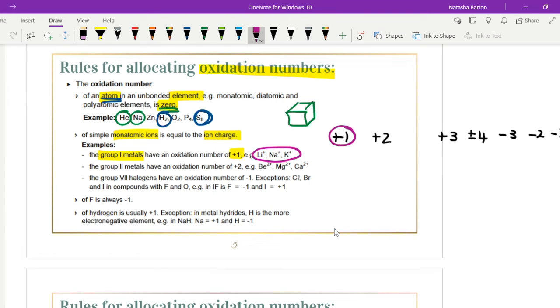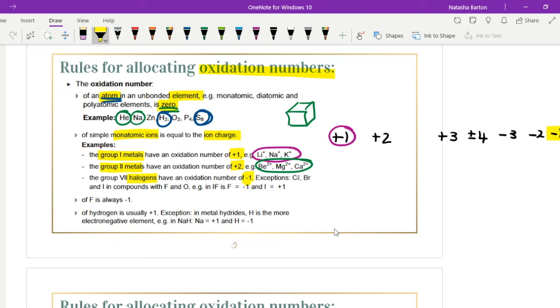So they have charges of +1, but we also give them an oxidation number of +1. Your group 2 metals such as beryllium, magnesium, and calcium lose 2 electrons, so they have a charge of +2, but we also give them the same oxidation number of +2. Your halogens are found in group 7, and they normally have oxidation numbers of -1.